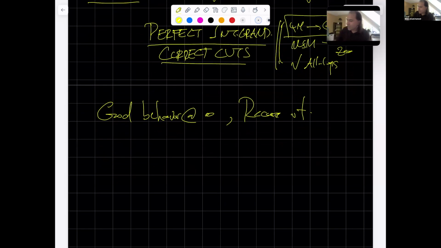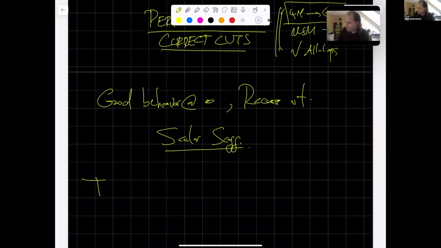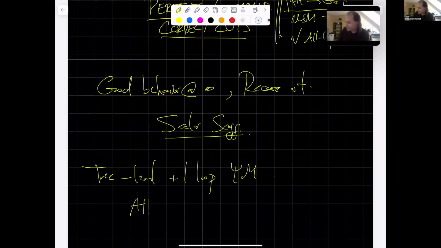Okay, now this we've understood. This is now in the scalar scaffolding language. So we've understood this at tree level and one loop so far for Yang-Mills, and all loop is in progress.